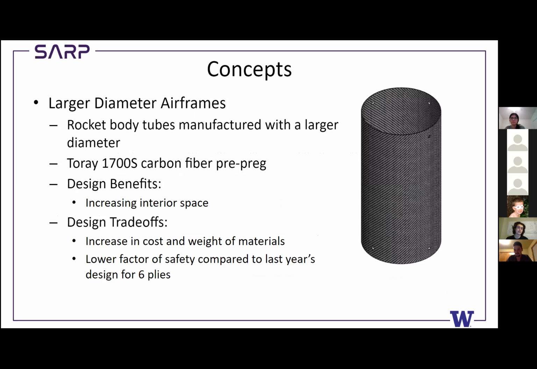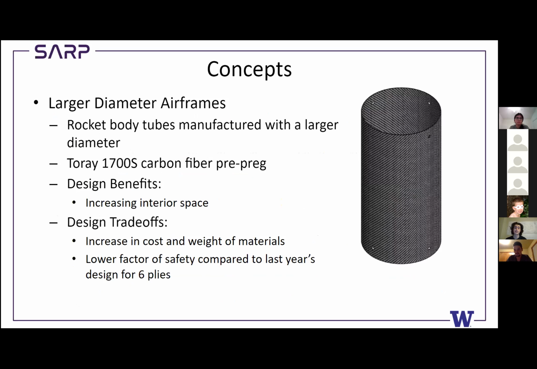Sweet. So on to the other larger research project, increasing the diameter of our airframes. For our designs and analysis, we're going to be using the same manufacturing plans and material, the same carbon fiber prepreg. Obviously the benefit would be increased area for sub-teams to work around in.